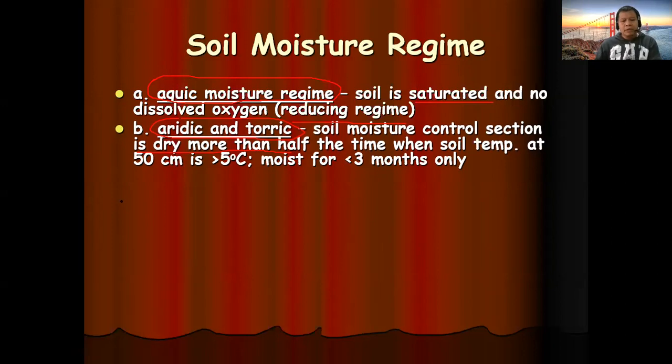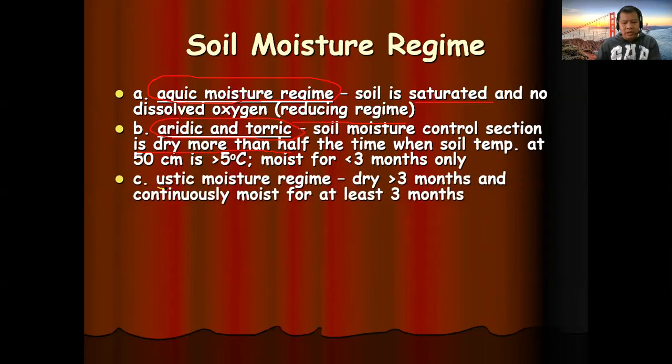All right. So another, we have the ustic moisture regime. Okay, what is this? Ustic, dry more than 3 months. The soils are dry more than 3 months and continuously moist for at least 3 months. So dry for more than 3 months, then moist for at least 3 months.